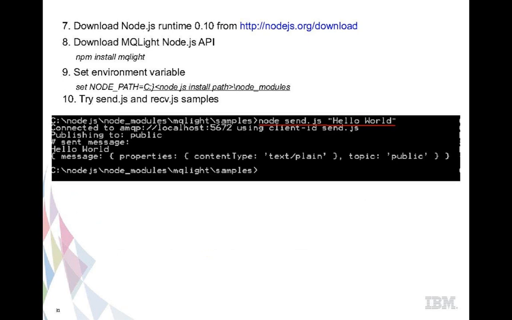Once you've done that, set the environment variable, NODE_PATH, to the node_modules path. Then you can try the send.js or receive.js samples to send and receive messages. It's that simple. You really can get started in less than 5 minutes for sending and receiving messages.